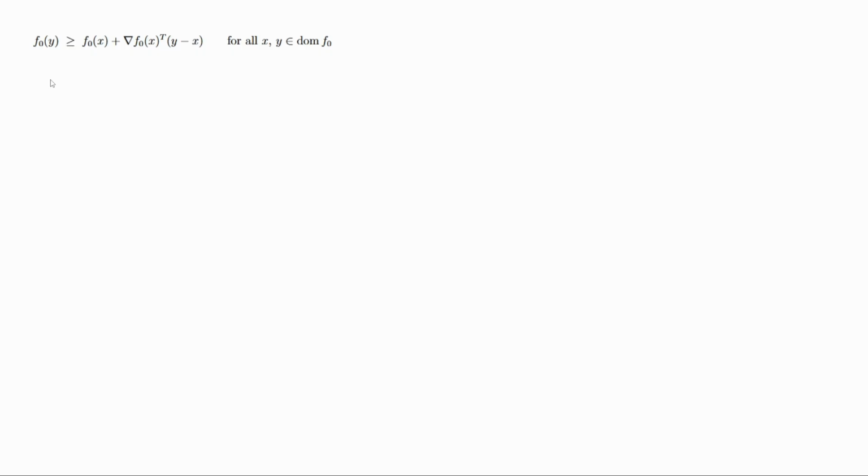Using this, you can show that x is optimal if and only if x is feasible, and this second expression is also true: the gradient of f0 evaluated at x makes a non-negative inner product with every direction, y minus x, into the feasible set.